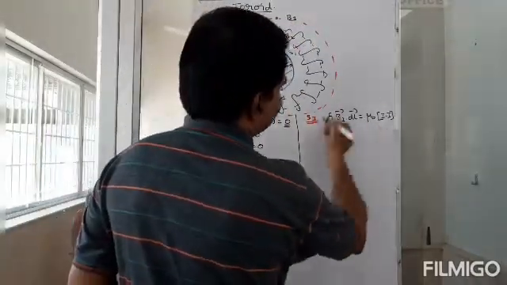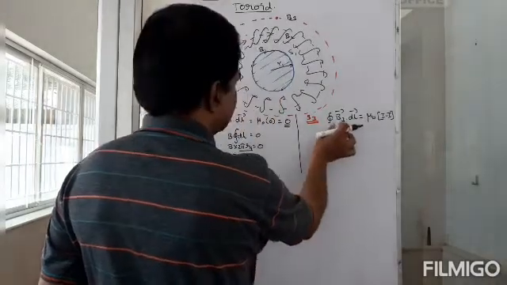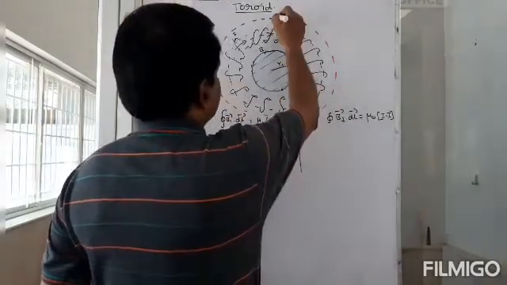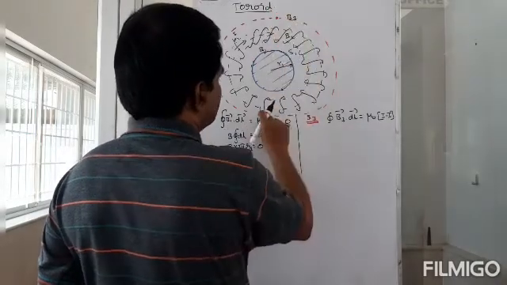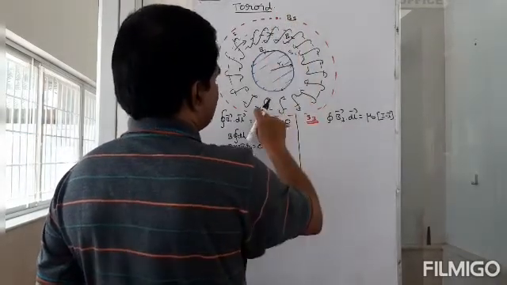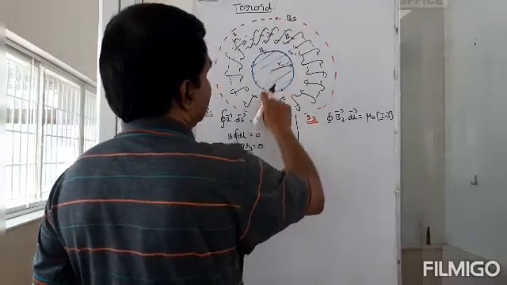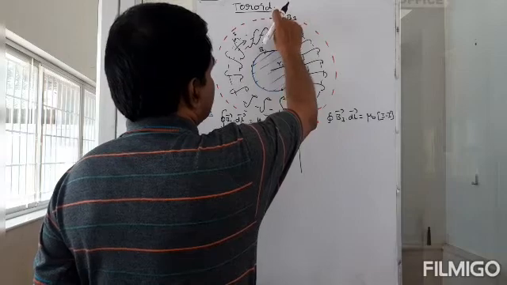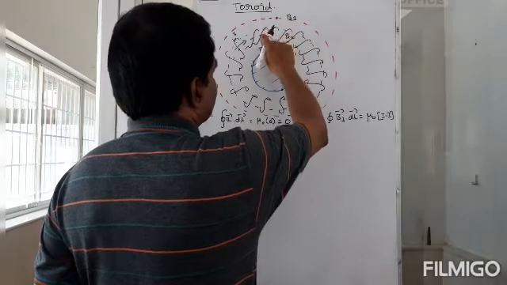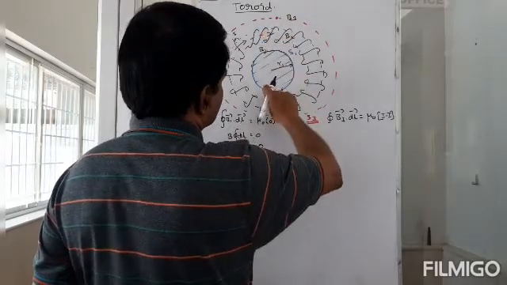Now, what am I going to get here? Again, because of symmetry, if this point has a B value, this point will also have the same B value. You see, this element is closer, and then slightly further, and then much further.